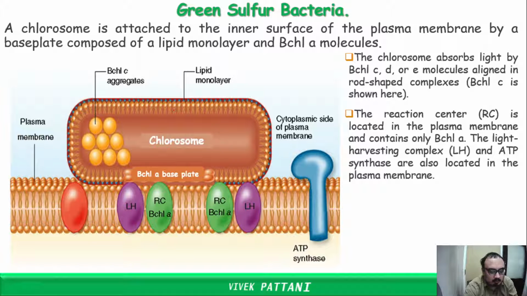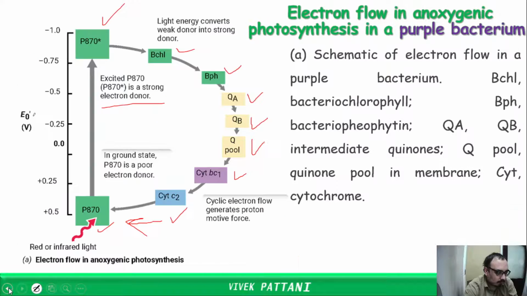So how does this system work in the case of green sulfur bacteria? Again, an example of anoxygenic photosynthesis. It contains reaction centers of bacterial chlorophyll a, but the absorption range will be at 840 nanometers, whereas in the case of purple bacteria it was 870.